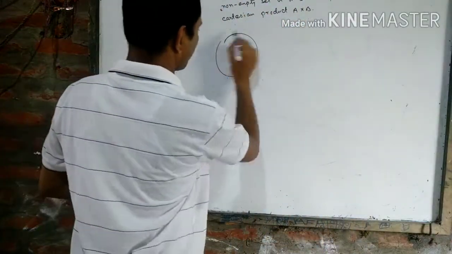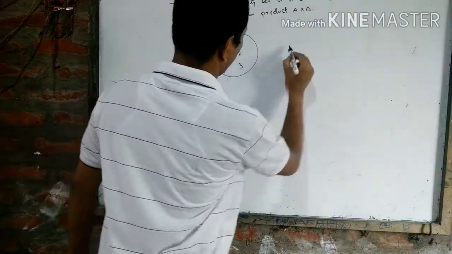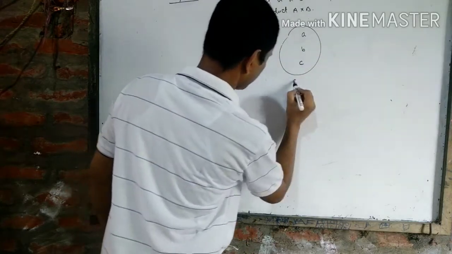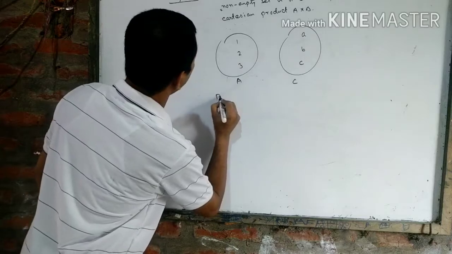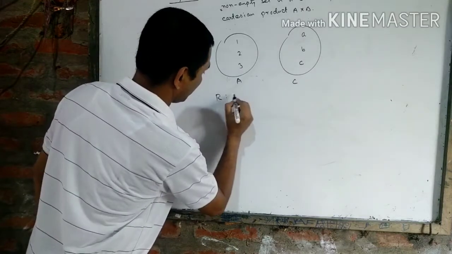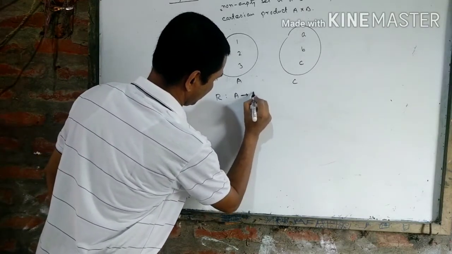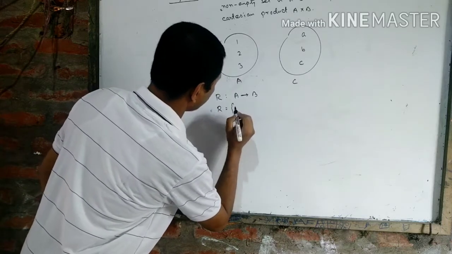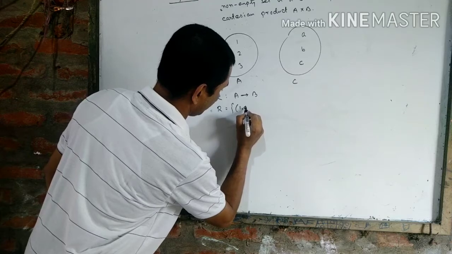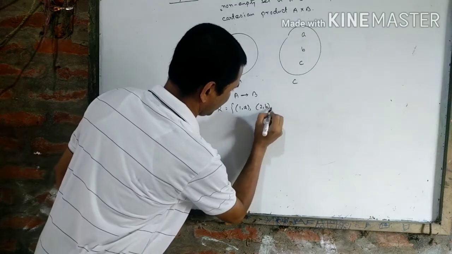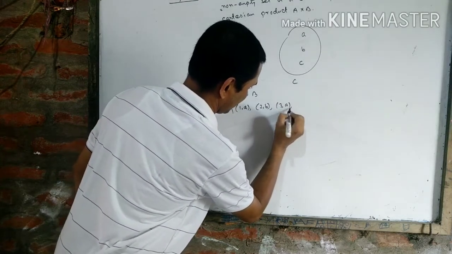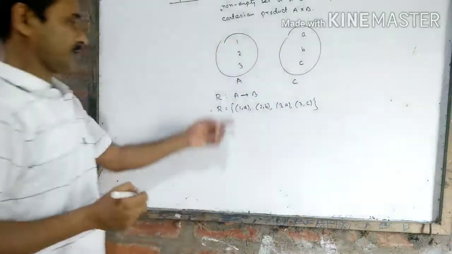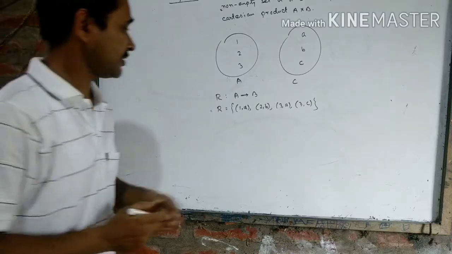Suppose A is the set 1, 2, 3 and B is the set a, b, c. And a relation R from A to B is defined as R is equal to (1,a), (2,b), (3,a), (3,c). So, what do you observe?